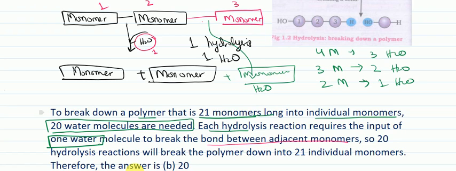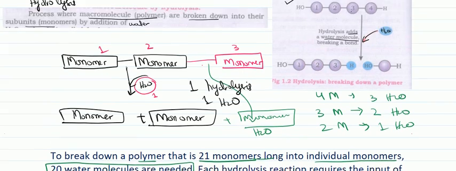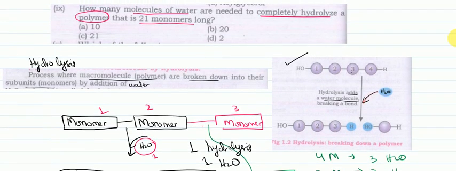So 20 hydrolysis reactions will break the polymer of 21 individual monomers. So the correct answer to how many molecules of water are needed to completely hydrolyze a polymer that is 21 monomers long is option B, 20 water molecules.